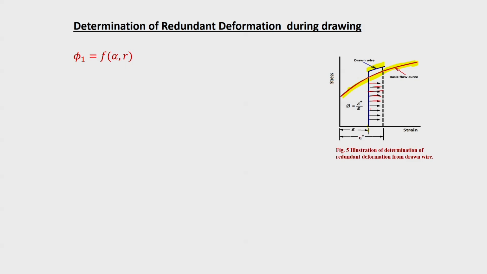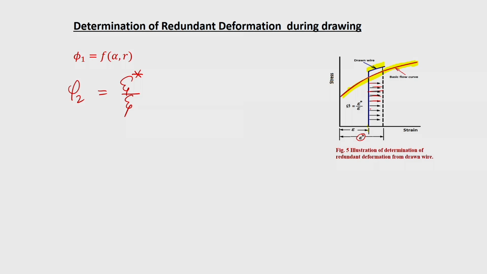But that corresponds to an enhanced strain of epsilon star, though your actual reduction during the drawing operation was strain epsilon. So, that is the equivalent strain you are considering. From this, phi 2 can be defined as epsilon star by epsilon. So, it is the extra deformation which is taking place.